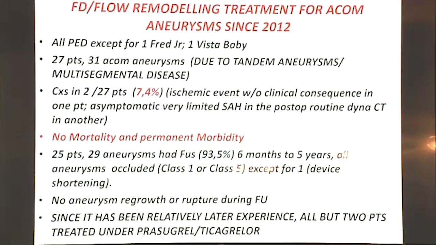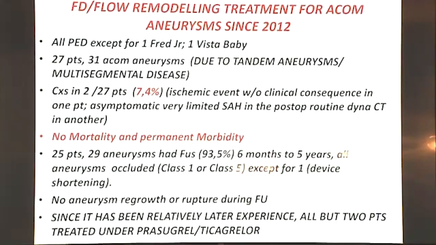From 6 months to 5 years, all aneurysms got occluded, either class 1 or 5, except for one. There happened to be device shortening in the control of the aneurysm, it was a retreatment. It was not covering the entire neck due to shortening of the device.